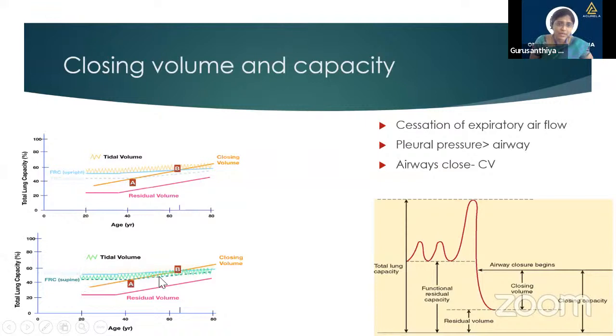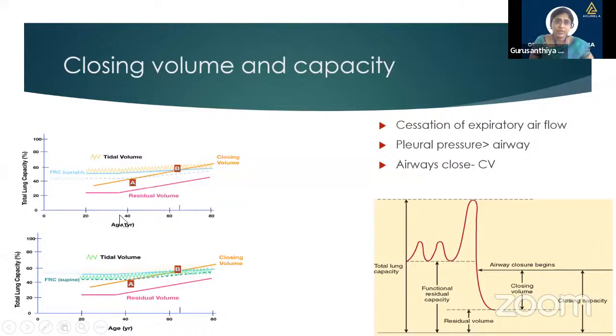This dotted line is the FRC in supine. When the patient approaches 40 years or so, the closing capacity is approaching the FRC, which means the FRC falls below the closing capacity, closing volume, if the age is more than 44 years. Then there is going to be a physiological shunt and desaturation.